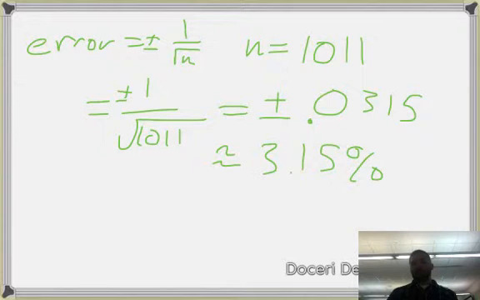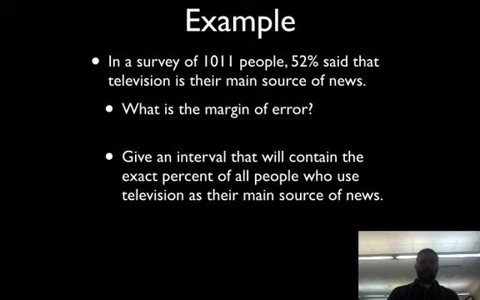Sometimes a few thousand is all that you need, and this is only 1,000 people, and we've still got within a 3.15% margin of error. So what does that mean? It gives an interval that will contain the exact percent of all people who use television as their main source of news.